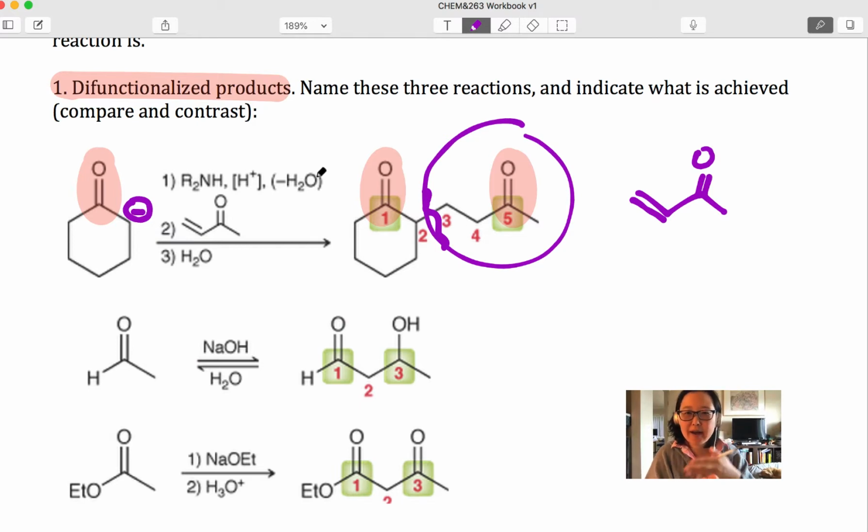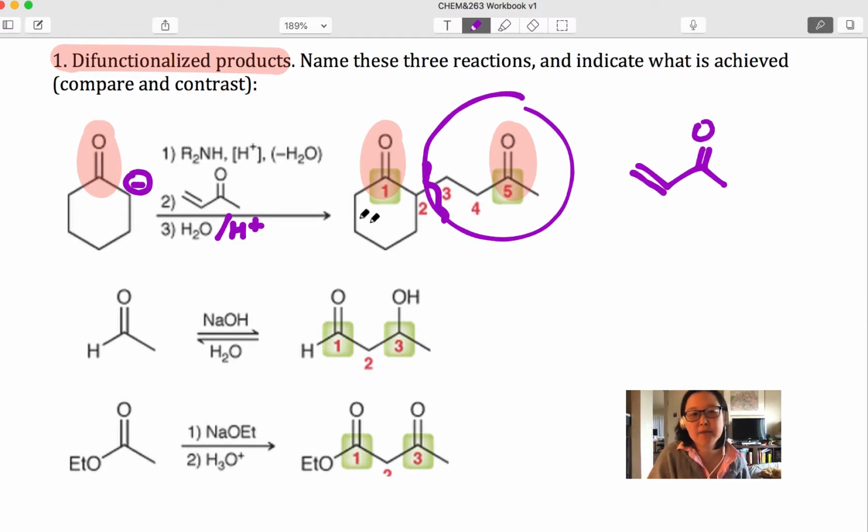So that's sort of how I pieced it together, step by step logically, how I know that this is the piece I need, and then this is needed because this only has one carbonyl, not two. And then the water at the end, really you should do maybe some dilute acid or water workup to get this back into its carbonyl keto form.